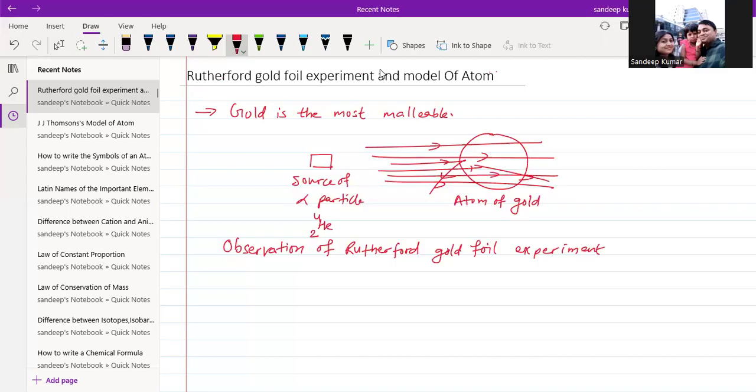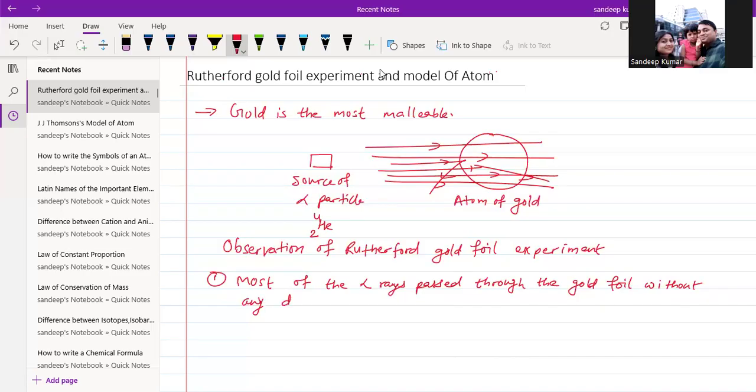This is the first observation you can write: most of the alpha rays, which were positive, passed through the gold foil without any deflection or deviation.